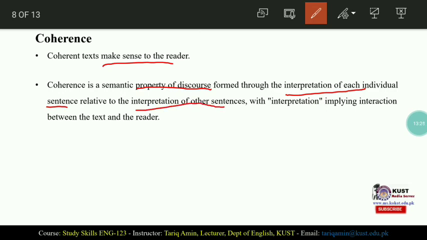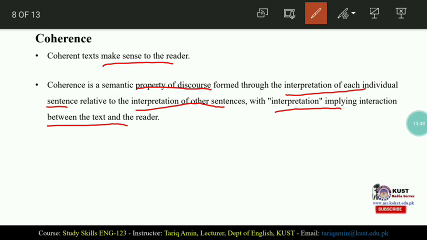We interpret each individual sentence in relation to other sentences, with interpretation implying interaction between the text and the reader. It is said that coherence is something that exists in the human being, not in the text, because it is human beings who make the relationship between different parts of text and different sentences with one another.